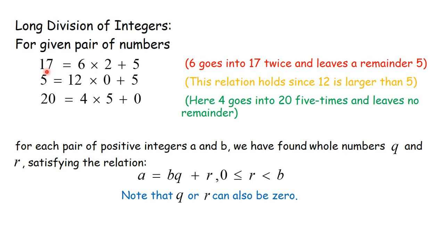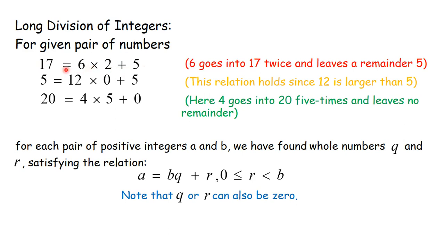Of course, you will divide 17 by 6 and get quotient 2 and remainder 5, so that 17 can be written as 6 into 2, that is 12, plus 5.